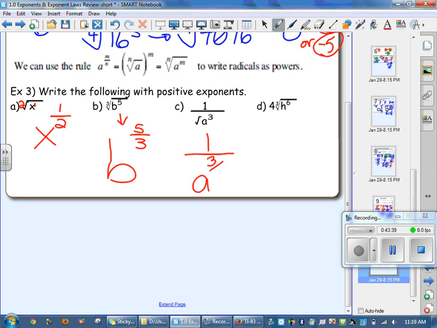So I'm going to have h to the 6 over 3, and the 4 is in front of it. Well, what do you notice? 6 over 3 is going to reduce and give you a 2. So do you reduce it? Yes, you do. So this is going to give you 4h squared, your final answer. That concludes our intro lesson 1.0.